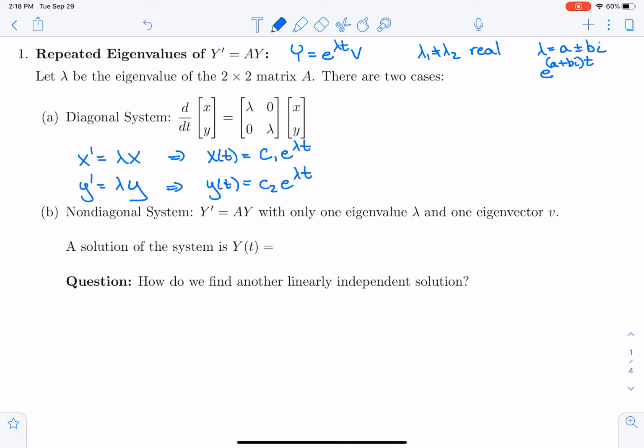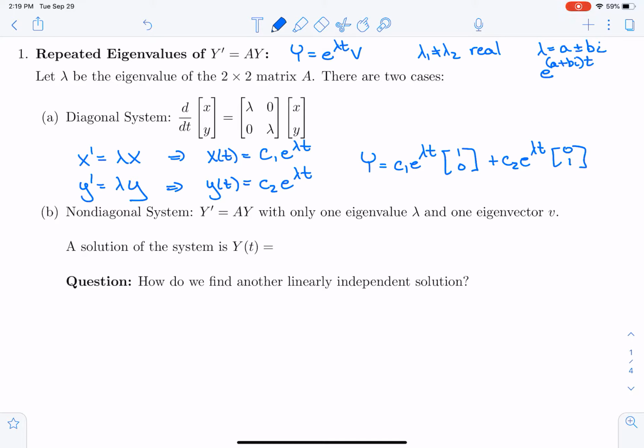We could write the solution to this system in vector form. We can think about it as c1 e to the lambda t times the vector 1, 0, so that we just have the solution of the x equation, plus c2 e to the lambda t times the vector 0, 1, so we just have the solution to the y equation. But this is not really the interesting case that we want to look at.